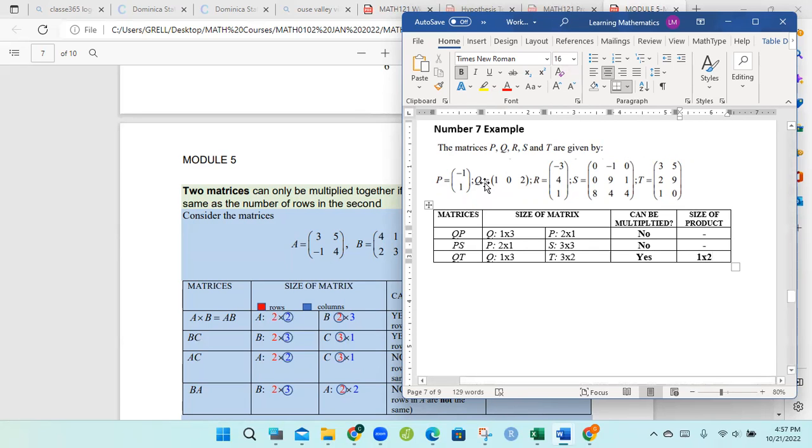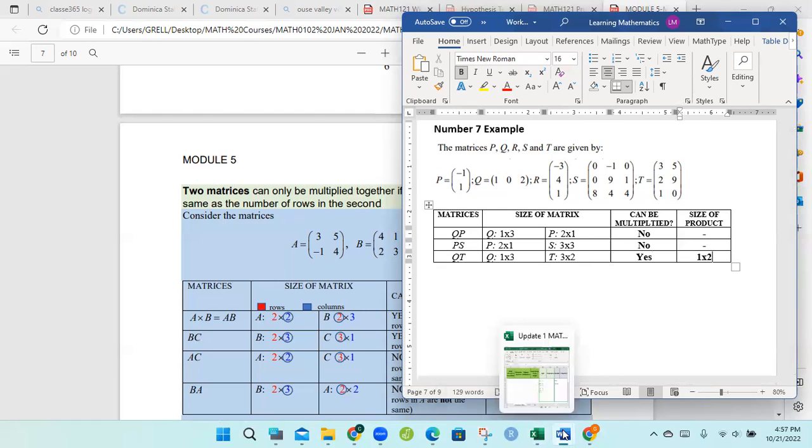Another way is that the number of rows in the first will be the number of rows in the product, and the number of columns in the second will be the number of columns in the product. So that's how you can know what size of matrix you're going to get, by looking at the outermost numbers: the row of the first and the column of the second. It's a 1 by 2 in that case.